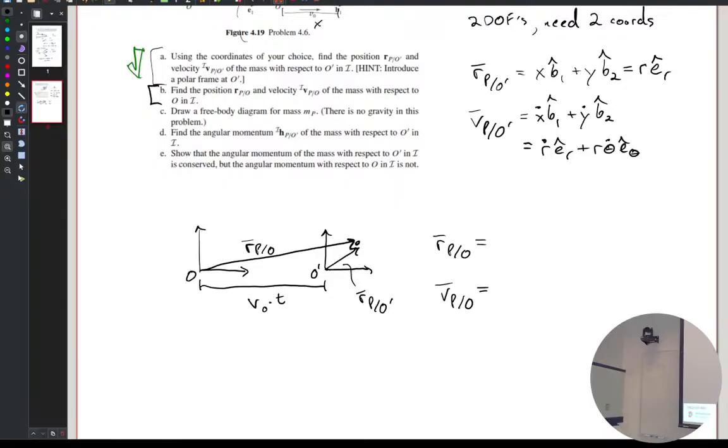Can we use trig? Because then I can just use triangles. Wouldn't the distance in the x direction just be d equals v t plus r_P/O prime cosine theta? I thought r_P/O prime was spinning. Okay, let me go negative, which doesn't change what you said. Oh, the cosine would account for that.